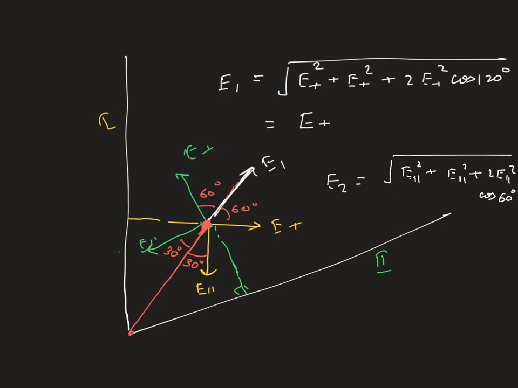Cos 60 degrees is half, so E2 becomes equal to root 3 times E parallel. And this is your E2. How shall I show E2? This is your E2. Now what is the resultant field? In the simplest terms, the resultant field is E1 minus E2.